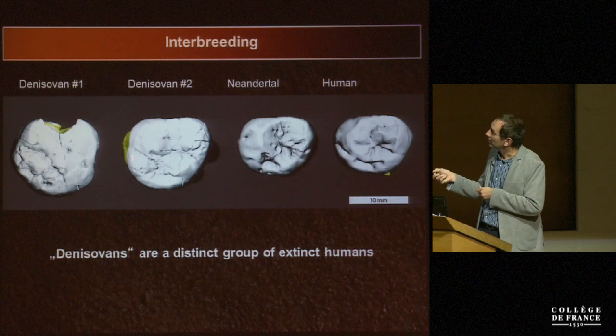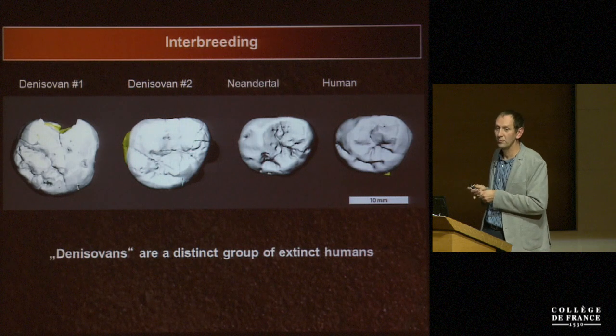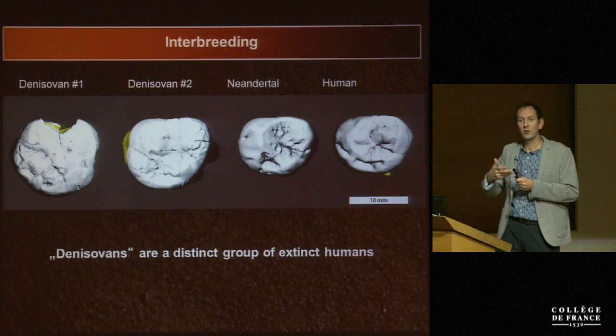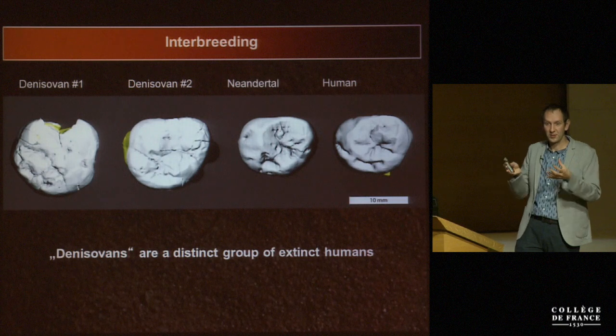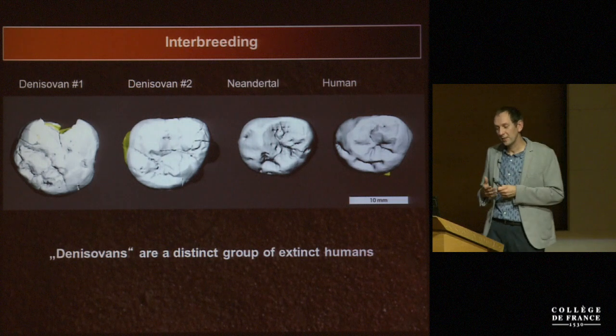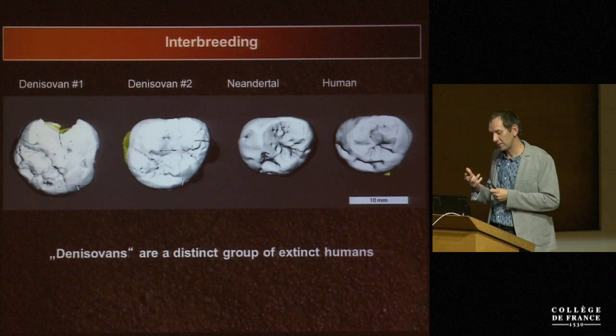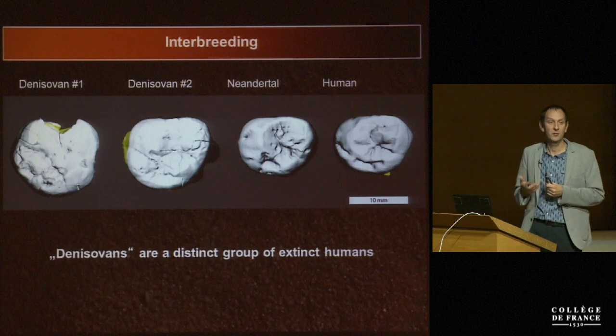And these 2 teeth were very large in size, quite different from the teeth of Neanderthals and humans, providing some morphological evidence for a difference between these groups. We suggested that this Denisovan fossil should be considered part of a separate human group.